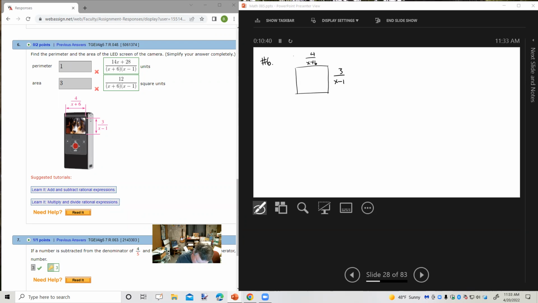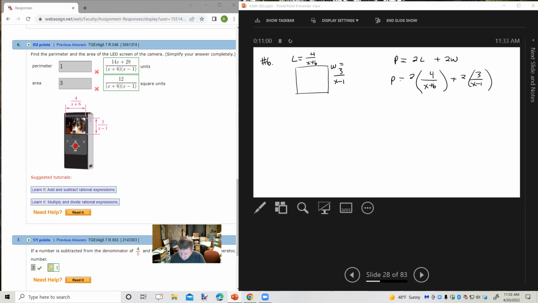So tell you what, let's call this the length and this the width. So the perimeter is 2 times the length plus 2 times the width. So the perimeter is 2 times 4 over x plus 6 plus 2 times 3 over x minus 1.